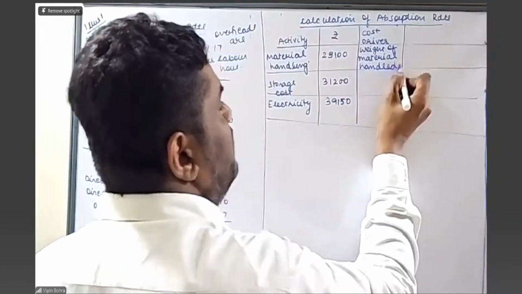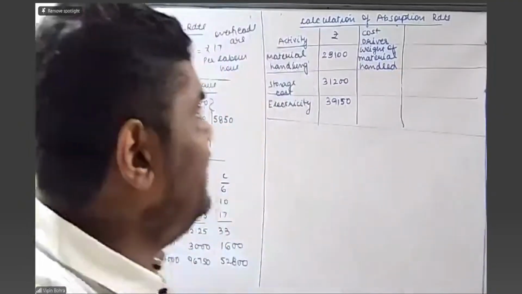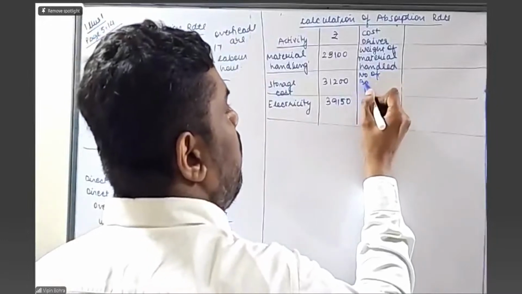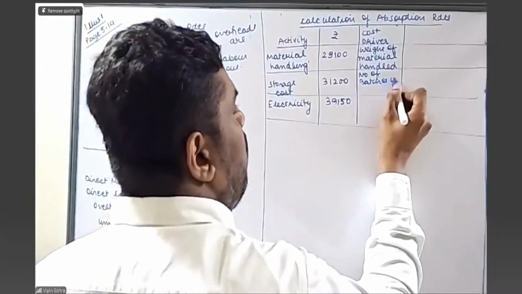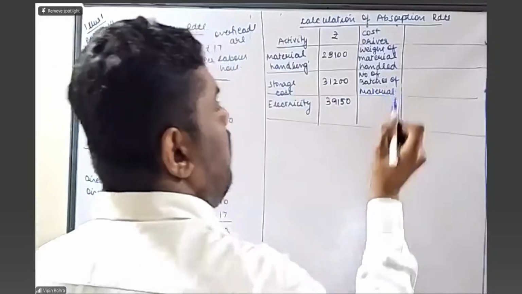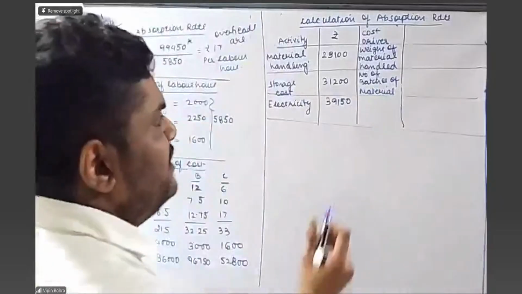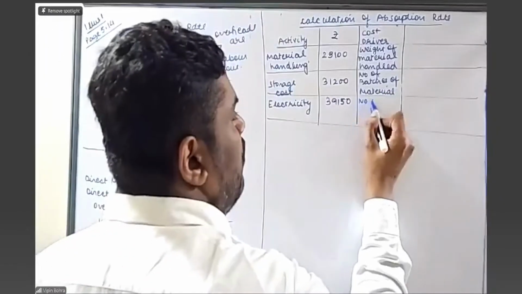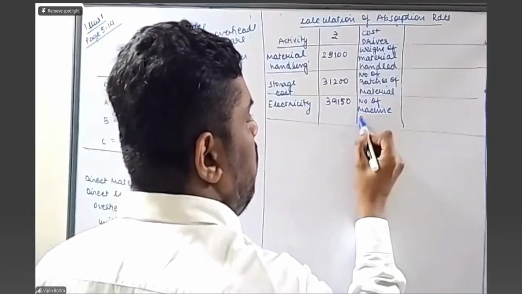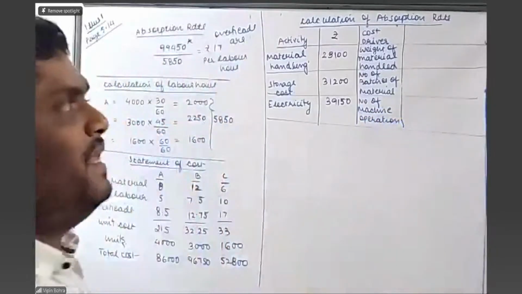When talking about storage cost, number of batches of material. When talking about electricity cost, number of machine operations. So these are the bases of absorption.